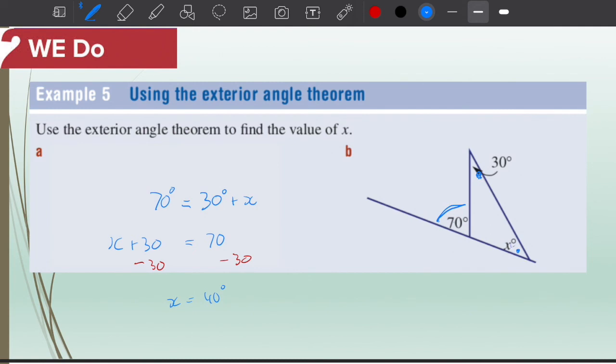It's pretty easy to know that that something is 40. But I still need to see this working out. At least those two lines. Because it's important all throughout this unit that we give reasons for the things that we're doing. It's not enough to just know the answer. We need to know why the answer is what it is.